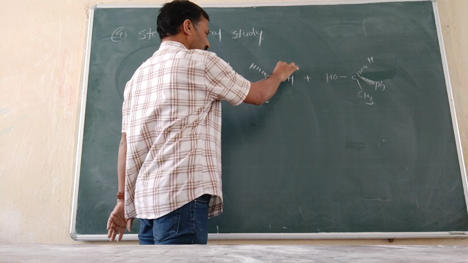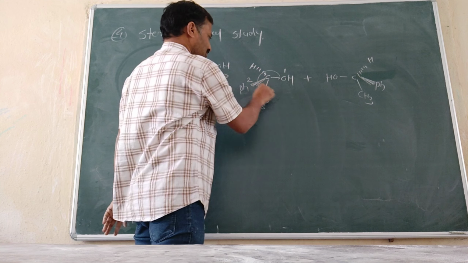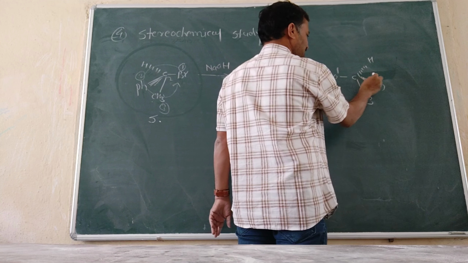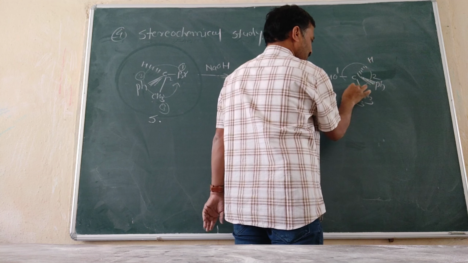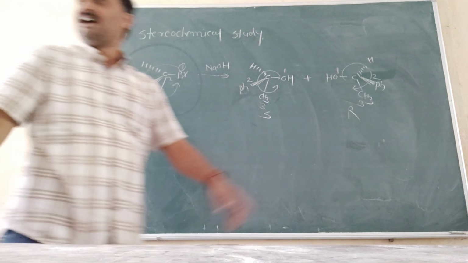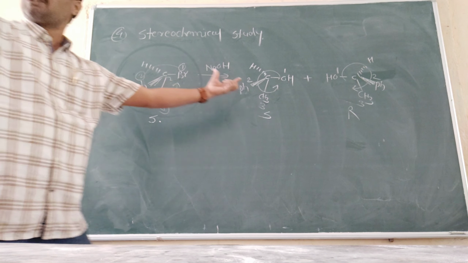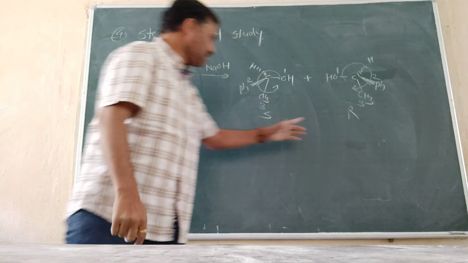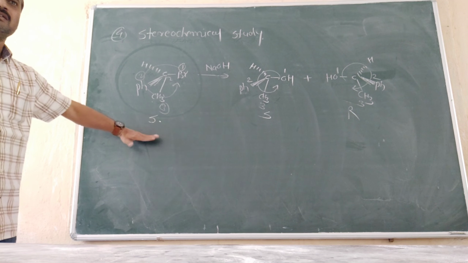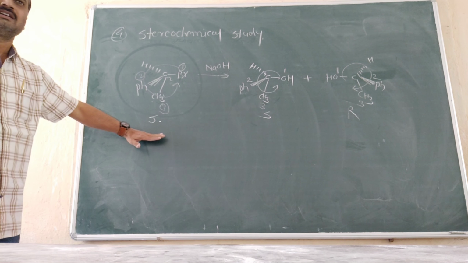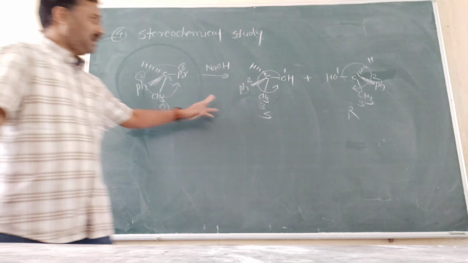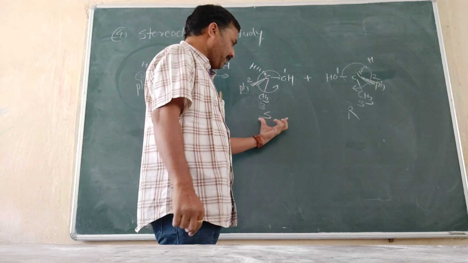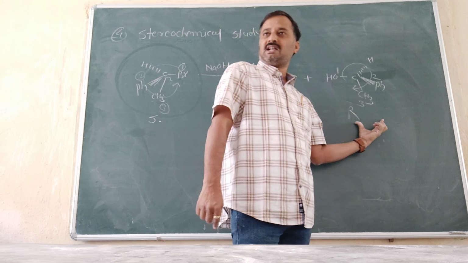First, second, third, anti-clockwise direction, that is S. First, second, third, clockwise direction, R. Means we get a mixture of S alcohol and R alcohol. The stereochemistry of the reactant is S, and in the product we get 50% S alcohol and 50% R alcohol.